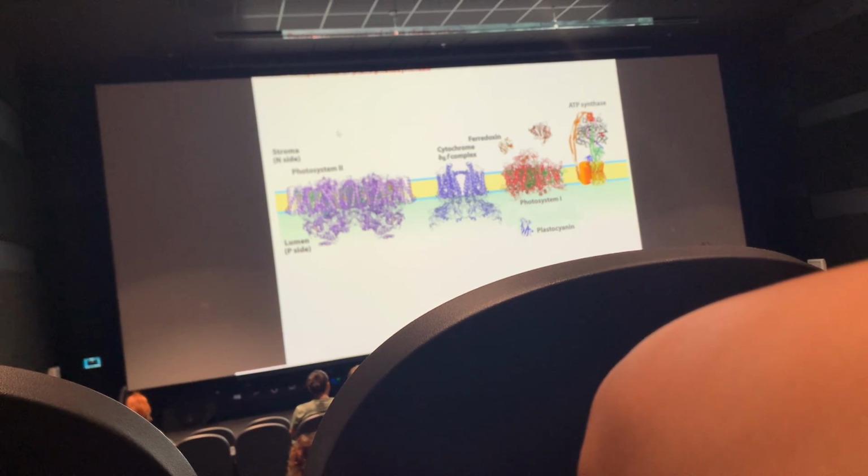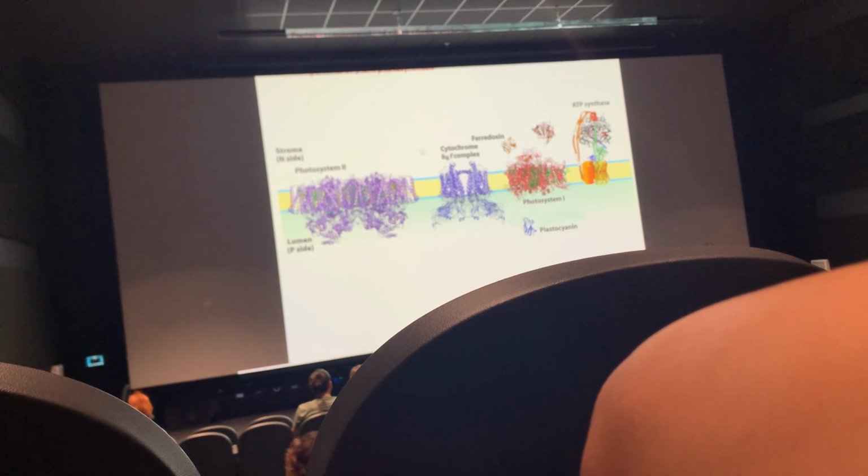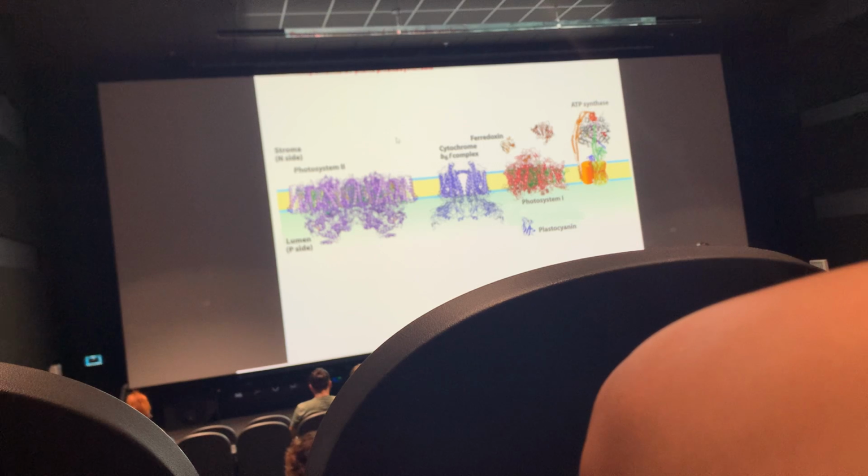And out here is the stroma, the negative side with regard to the proton gradient. And it's out here in the stroma, that's the liquid that bathes the outside of the thylakoid sacs. It's out here that the enzymes of the Calvin cycle are, that do the synthesis of CO2 and water to form sugars.